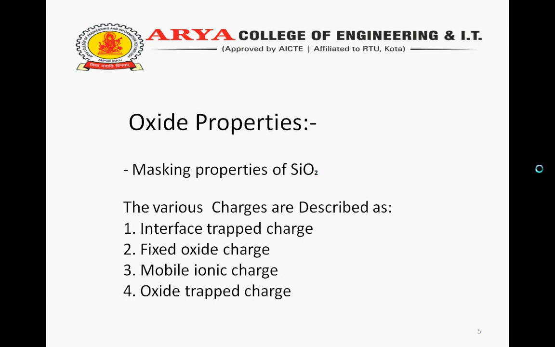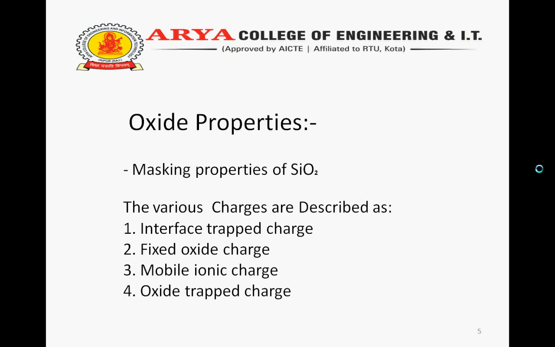Because of larger ionic radii and lower mobility, the heavier elements contributing to this charge drift at a slower rate than the lighter elements. Capacitance voltage techniques are used to measure the charge, which involve change in the silicon surface potential or current flow in the oxide as a result of ionic motion.